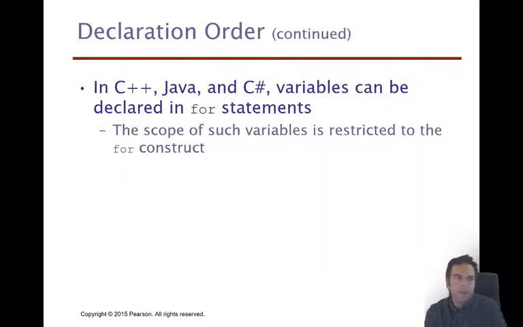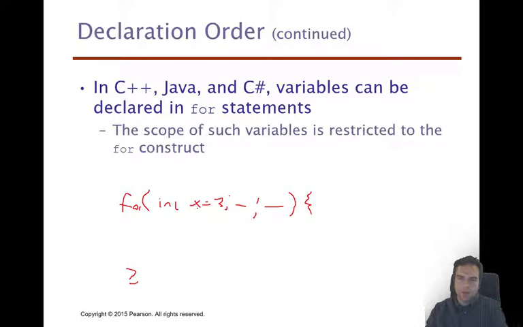In languages like C++, Java, and C#, you can actually declare a variable inside of a for statement, and it belongs to the scope of the curly braces that follow the for, right? So you can say for int x equals 3, something here, something there, and then a curly brace. The x belongs in that scope, right? Okay, the x belongs in the scope that goes with this block of code, right?